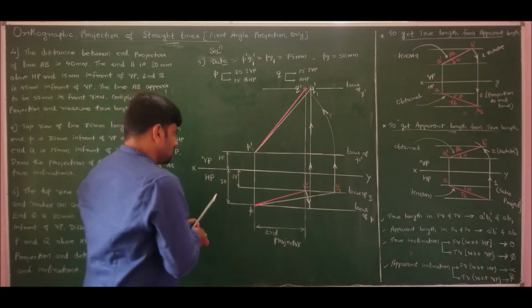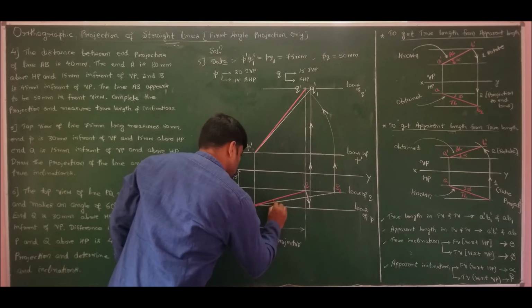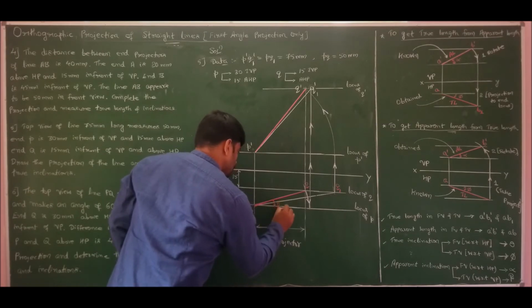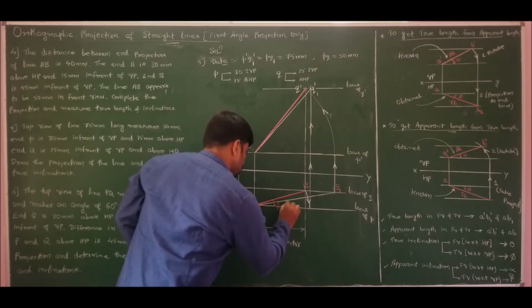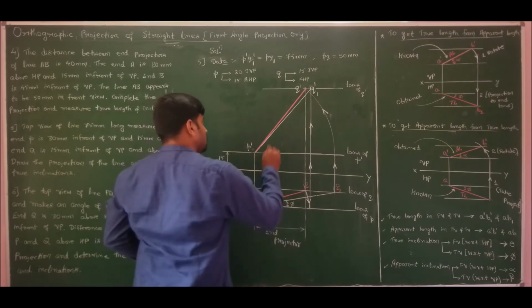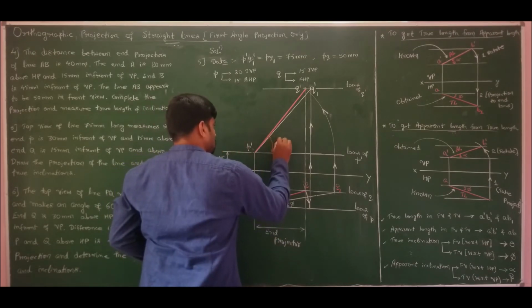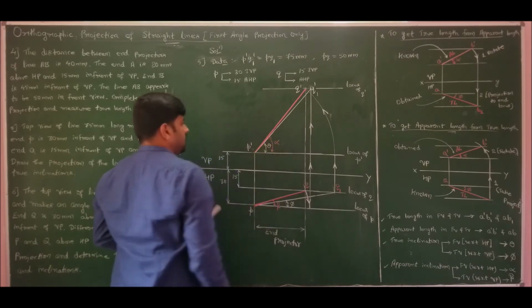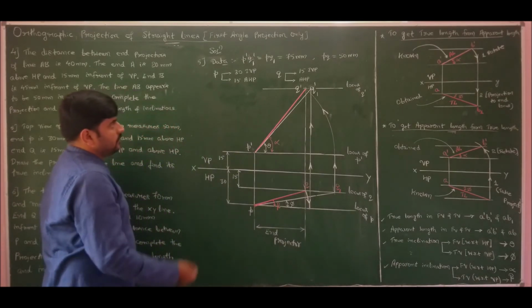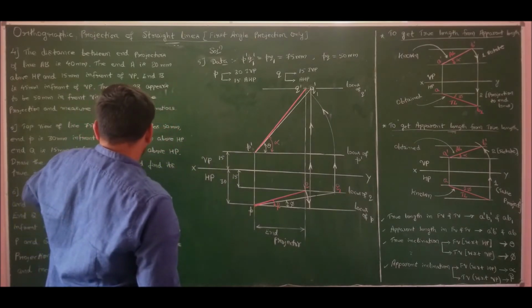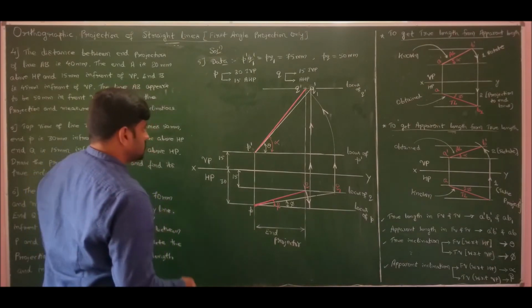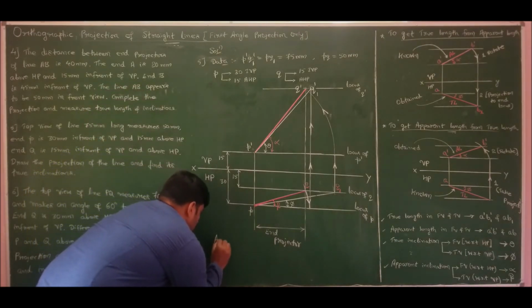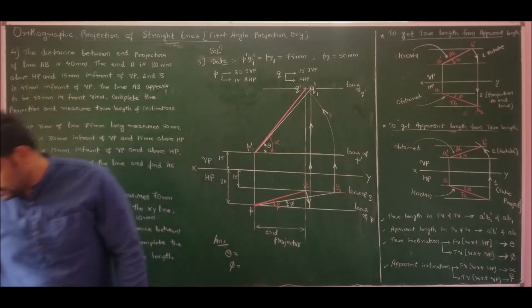Coming to angles, we have beta and phi. Here I have alpha, and for human I have angle as theta. Now if I measure the dimensions, he is asking to find its true inclinations. So the answer for this problem is true inclinations are theta and phi.